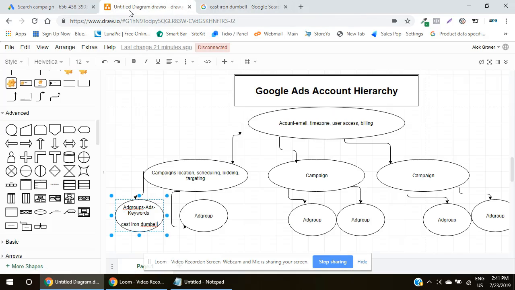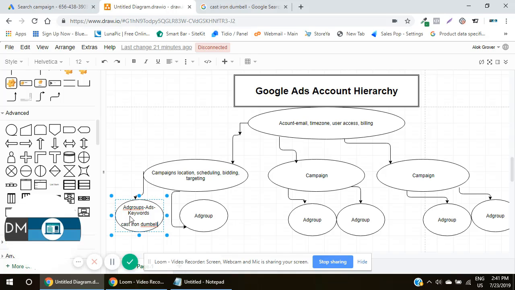So which ad? Now let's say this is ad group 1. I have named it 1. In ad group 1 I have used cast iron dumbbell as the keyword, and you as a user have used cast iron dumbbell as the search query. So which ad would get displayed to you?